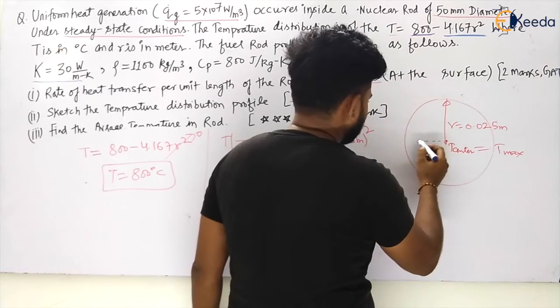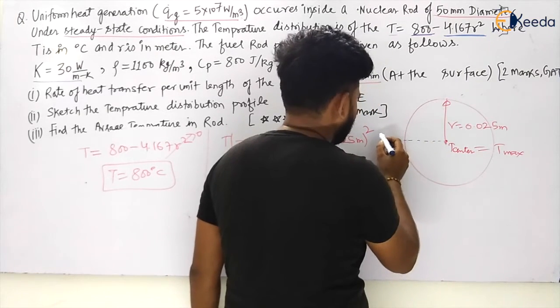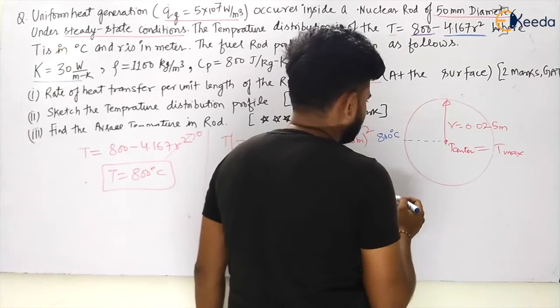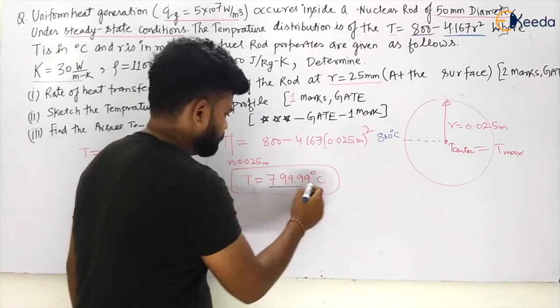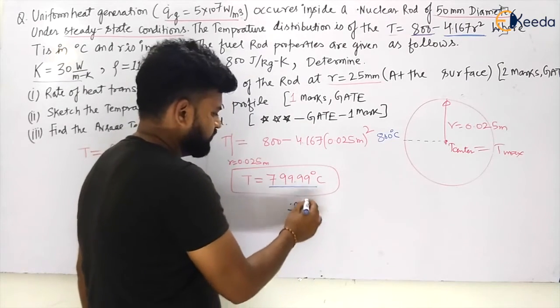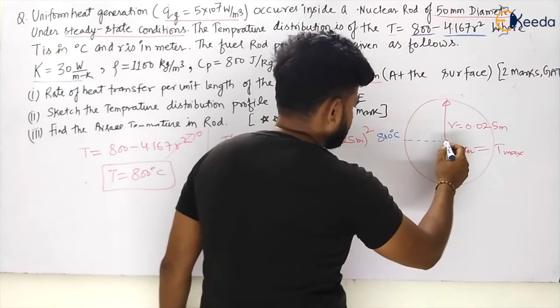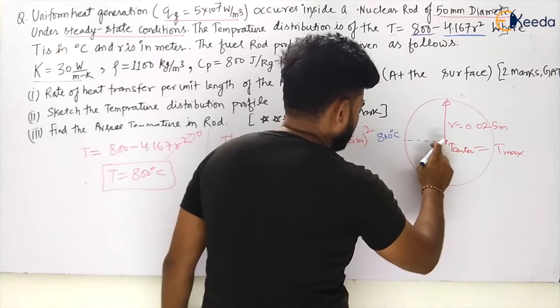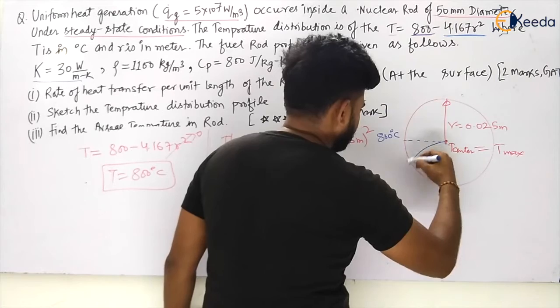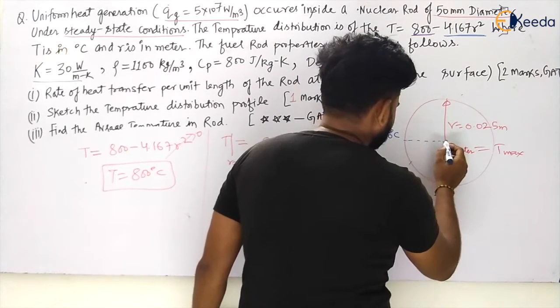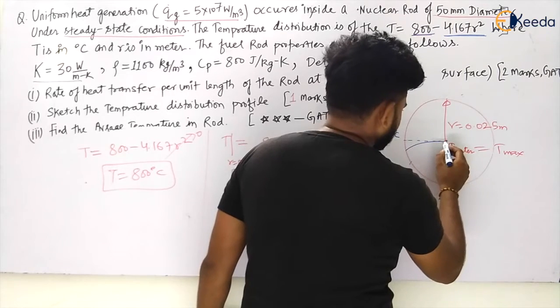If the maximum temperature is here, let us say 800 degrees Celsius, and if I zoom this value by 0.01, the curve will be something like this, with a little change.